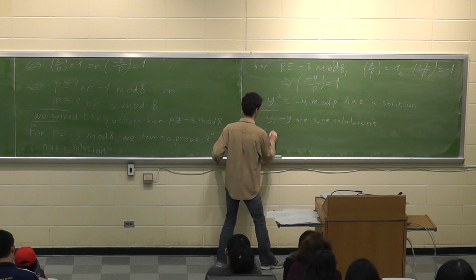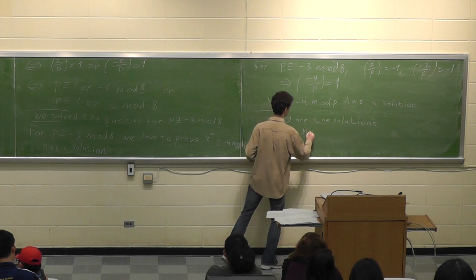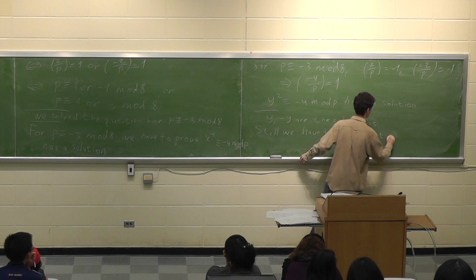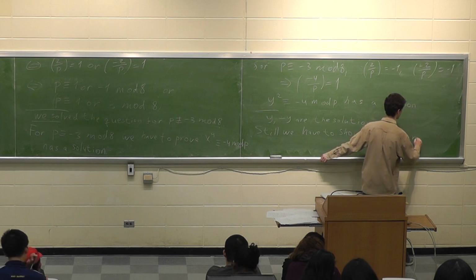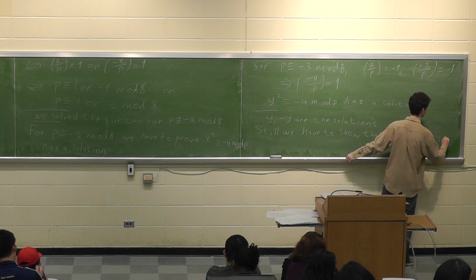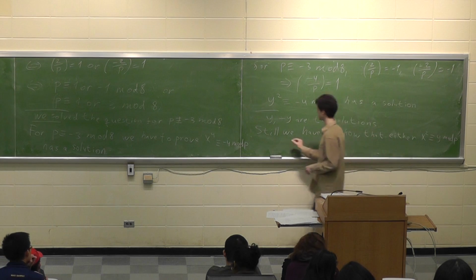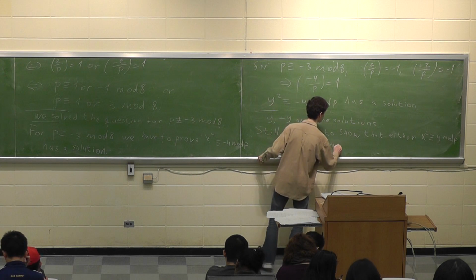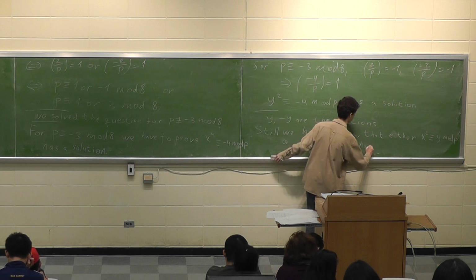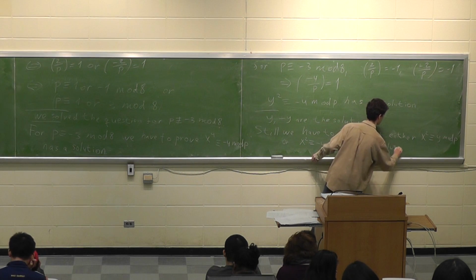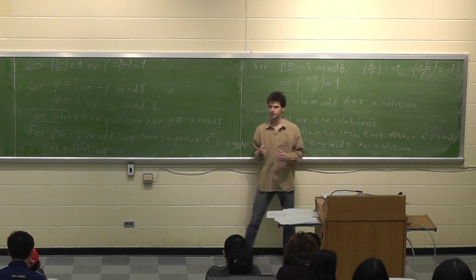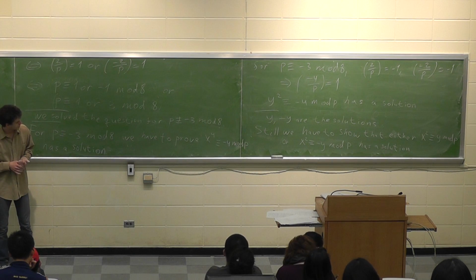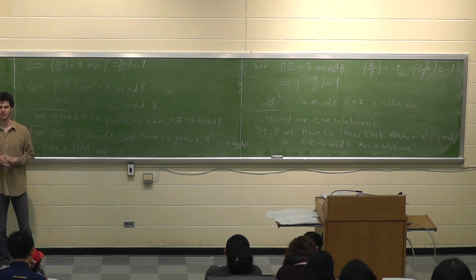So we still have to show that either x squared is congruent to y modulo p, or x squared is congruent to minus y modulo p has a solution. Okay, that's very good. So how do we show this?